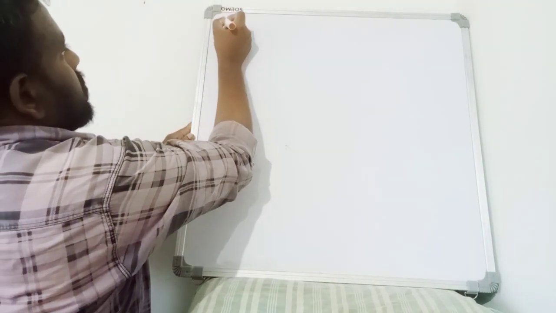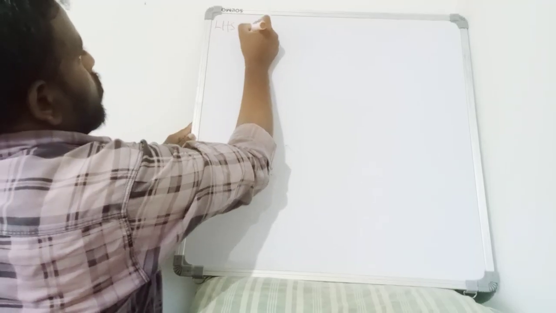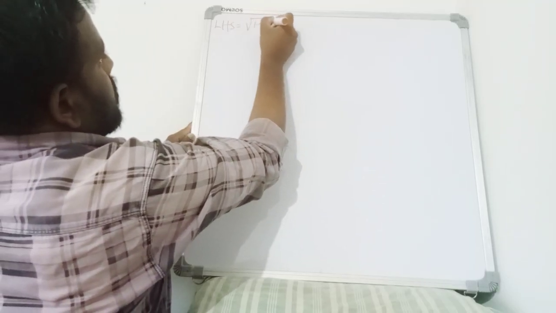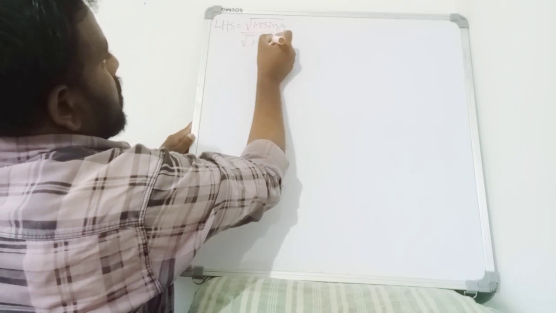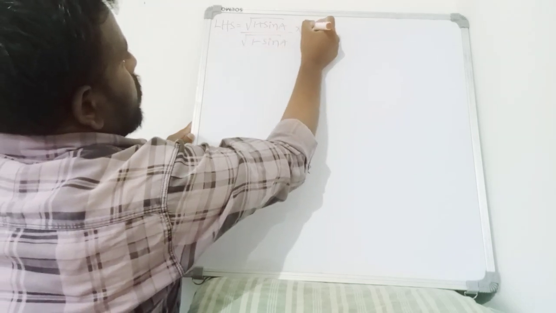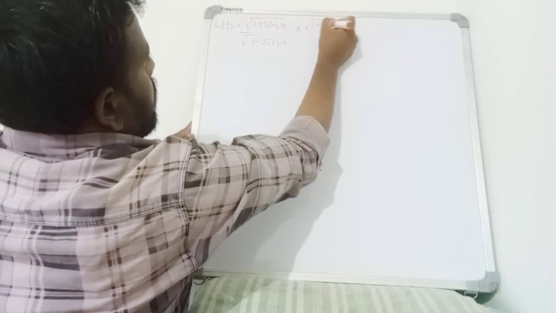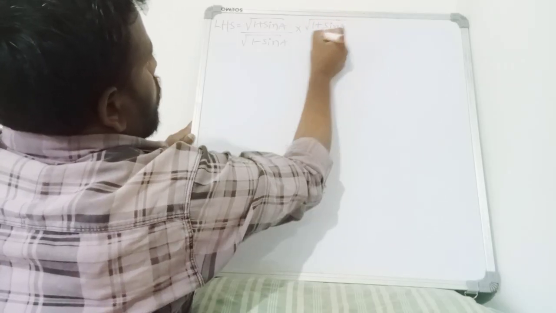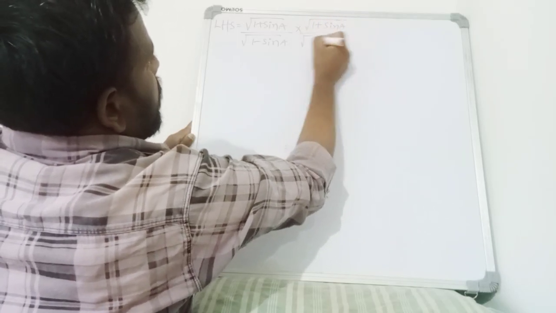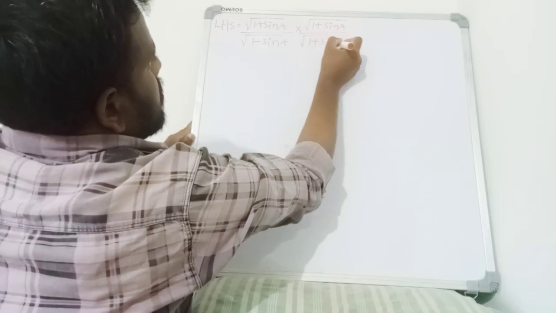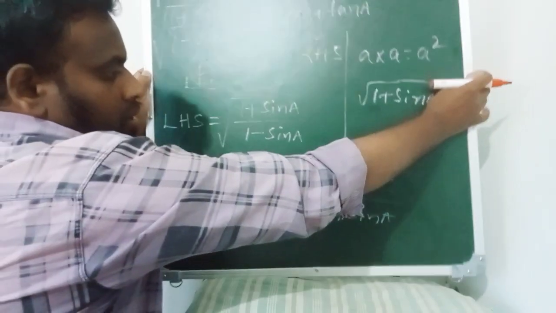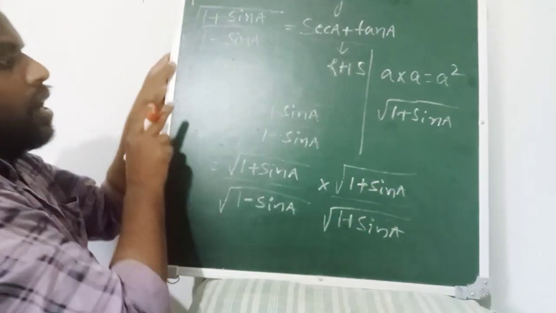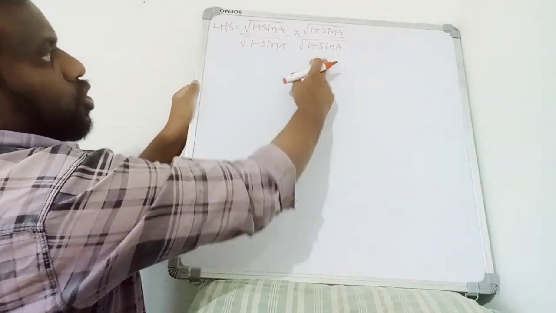We have this LHS is equal to square root of 1 plus sin A whole divided by square root of 1 minus sin A into square root of 1 plus sin A whole divided by square root of 1 plus sin A. Okay. This whole thing I have written here once again on the back side of the board. That's all, nothing else.